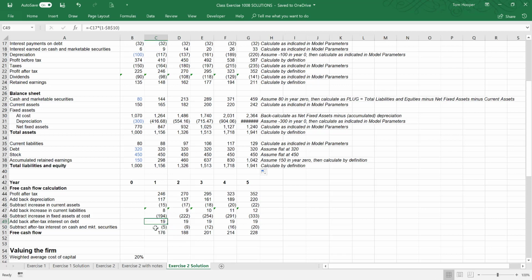Then finally, the same concept, with opposite signs, on the interest that we earned on our cash and marketable securities. And that's how we get from the profit after tax line in the income statement to the free cash flow that we're going to use in our DCF calculation.